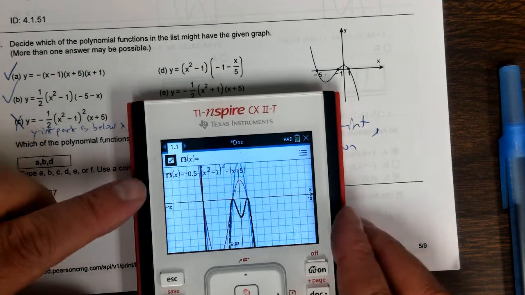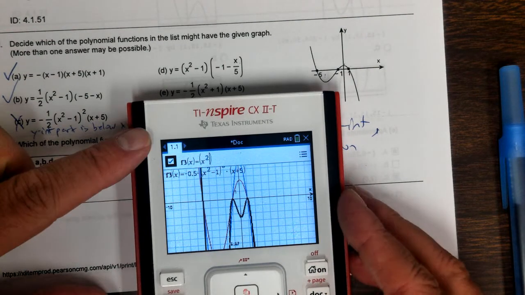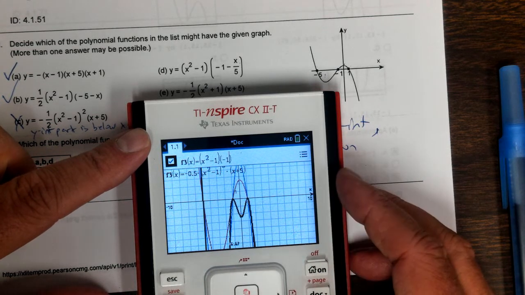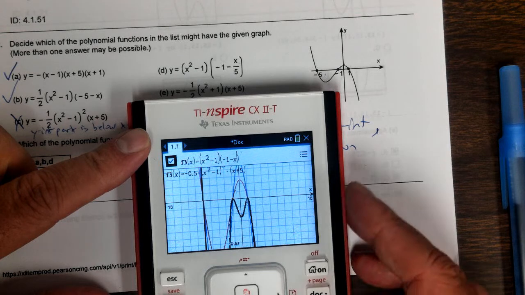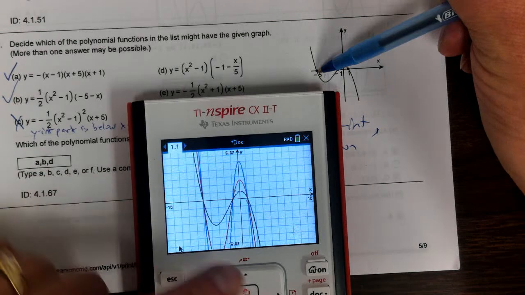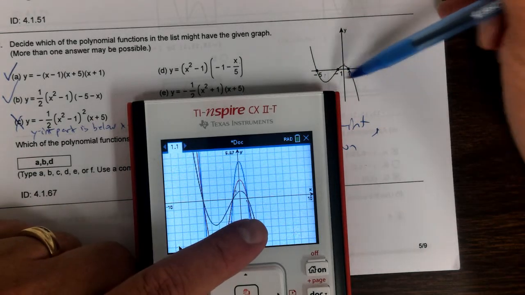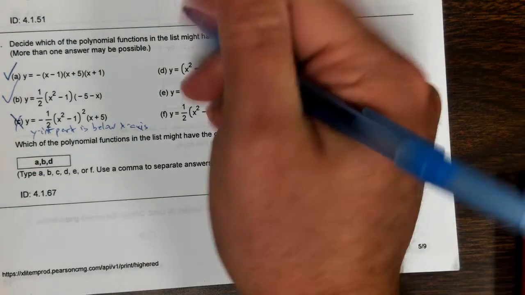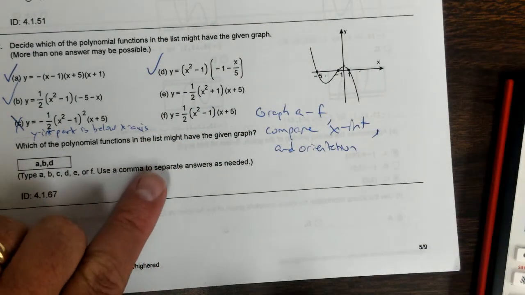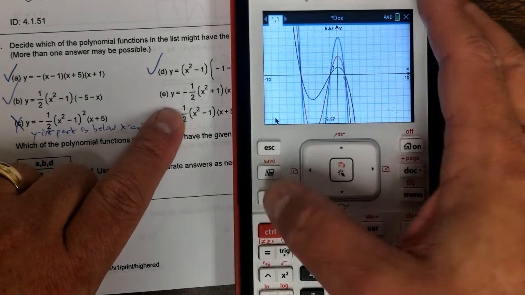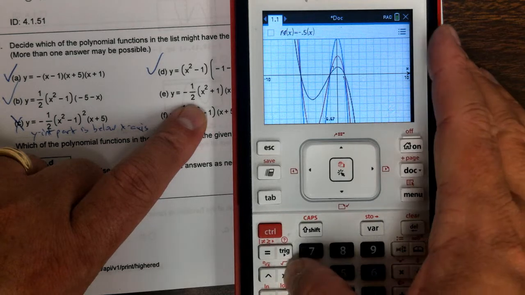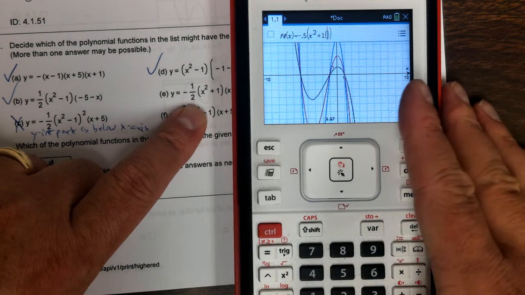Now for this one, x squared minus 1 and negative 1 minus x over 5. Okay, well now we're back, because this is a negative 5, this is a negative 1, this is a 1, and it's above. And so that did work. And then these two, so for E, negative 0.5 x squared plus 1 x plus 5.